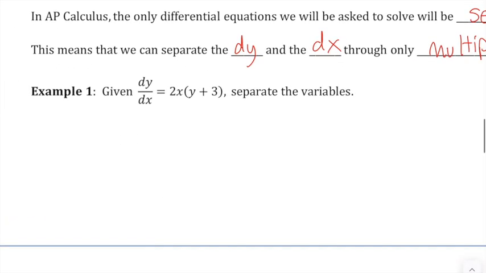For example, here, on example 1, it does say separate the variables. So again, we can get rid of this dx on the bottom by multiplying it.